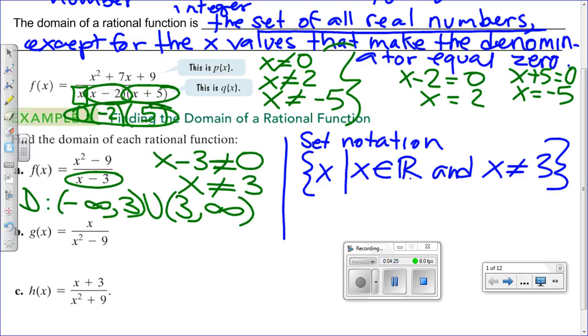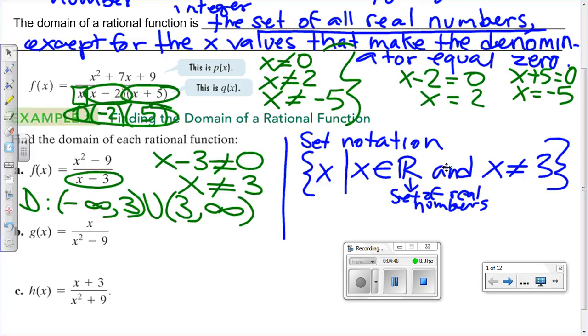Remember, this is the symbol for the set of real numbers. And when we say real numbers, we're including negatives, positives, 0, fractions, decimals, irrationals, anything except the number 3.